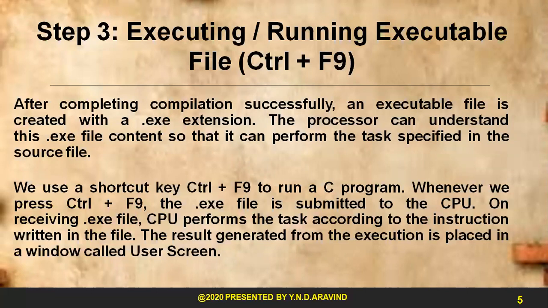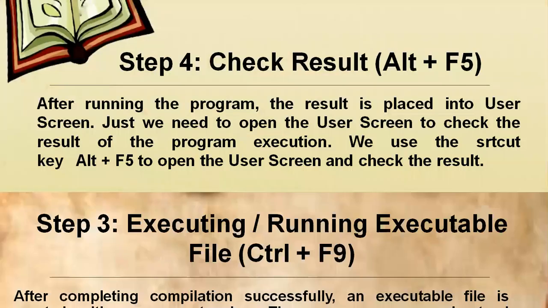Whenever we press Ctrl F9, that .exe file is submitted to the CPU. On receiving the .exe file, the CPU performs the task according to the instructions written in this file, and the result generated from this execution is placed in a window called the user screen.